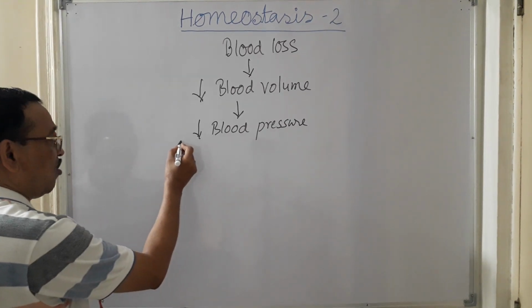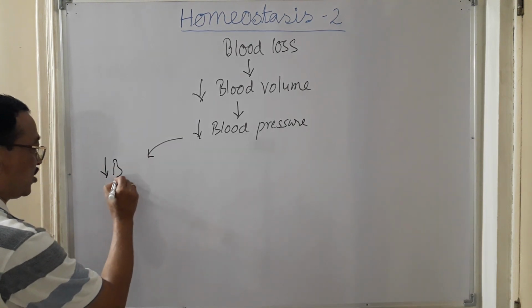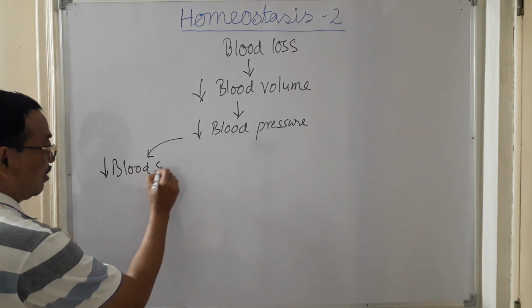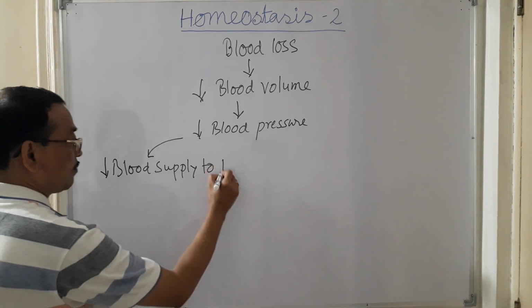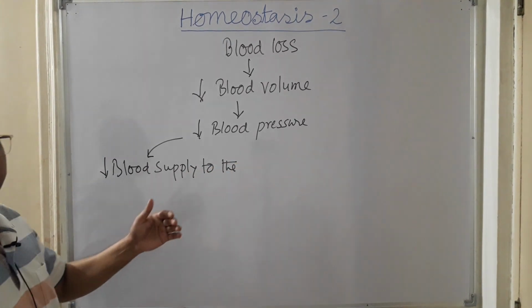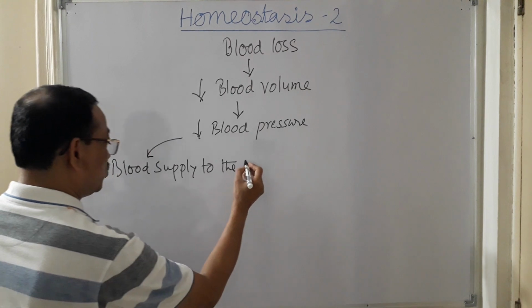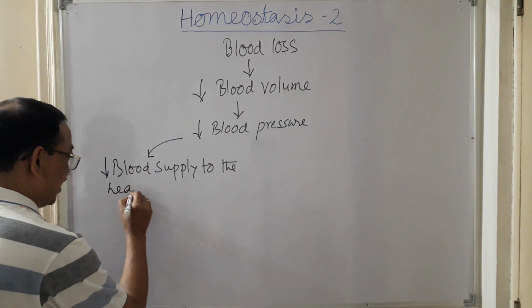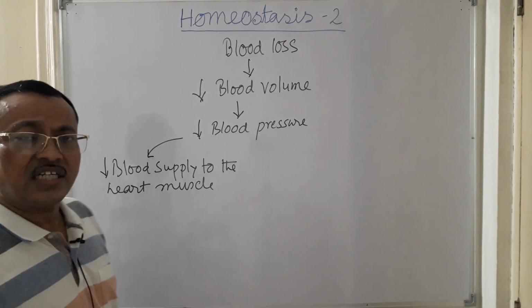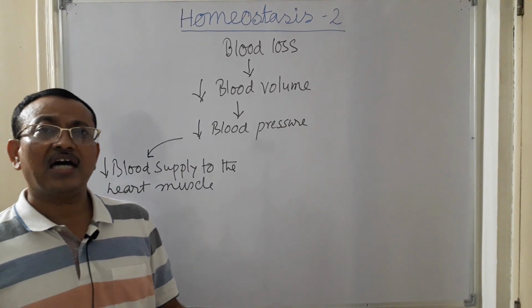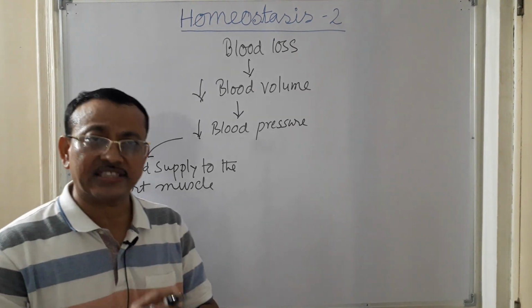This blood pressure fall means there is a fall of the blood supply to the tissue, or we can say the blood supply to the heart muscle. Now, as you know, the functioning of all the cells is dependent on different substances present in the extracellular fluid.